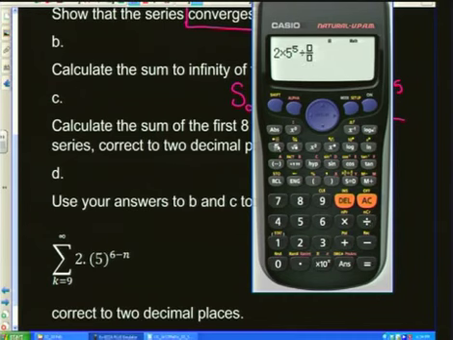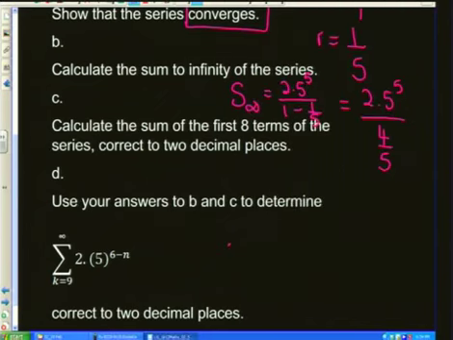So fraction button 4 over 5, equals. That's my answer, and they said I could have it to so many decimal places, so let's just do it. It's 7812.5. Right, now the next one asks me for the sum of 8 terms.